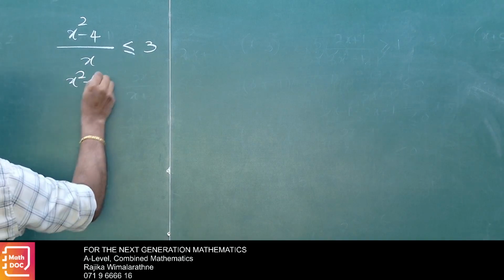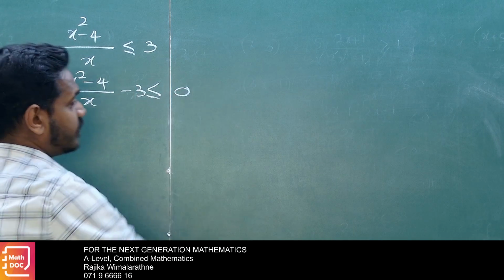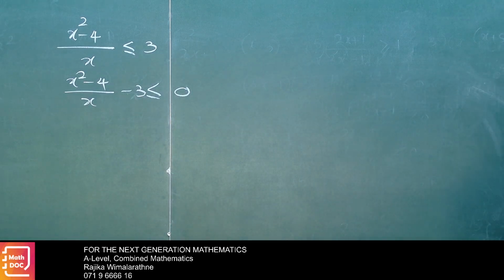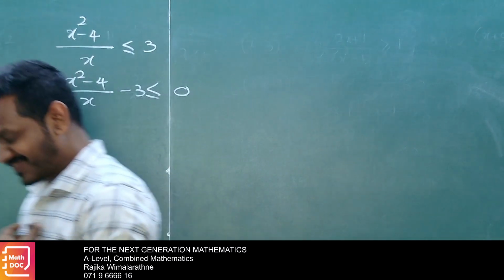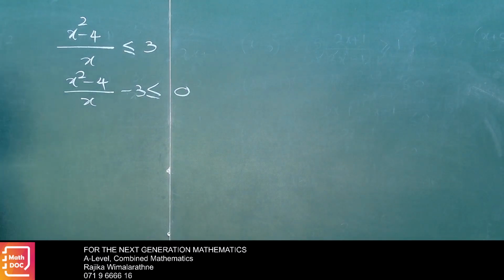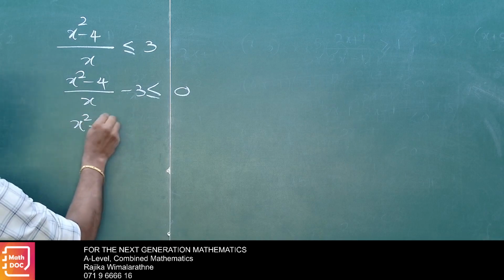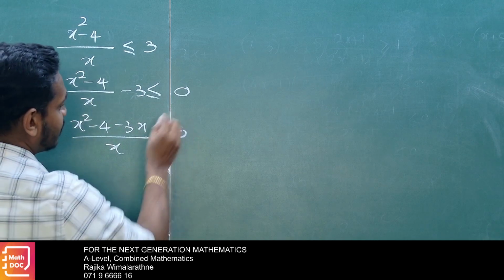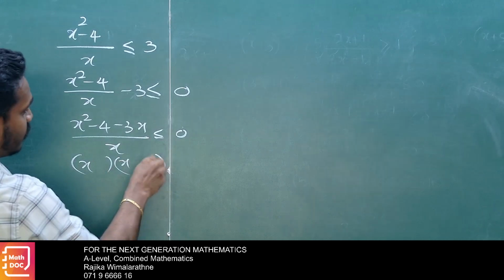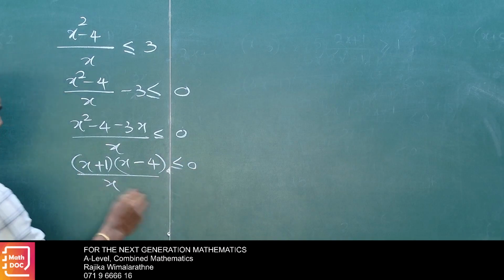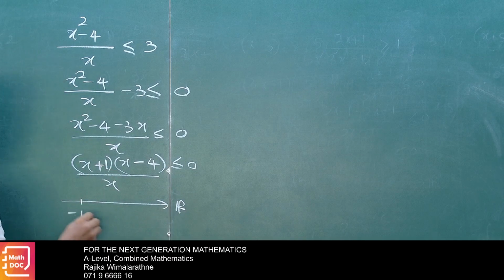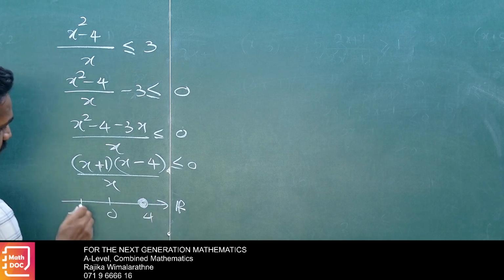Take 3 to the other side: (x squared minus 4)/x minus 3 less than or equal to 0. Get the common denominator: (x squared minus 4 minus 3x)/x less than or equal to 0. Factorizing, (x minus 4)(x plus 1) over x. The zeros are minus 1, 0, 4, with equality at 4 and minus 1.